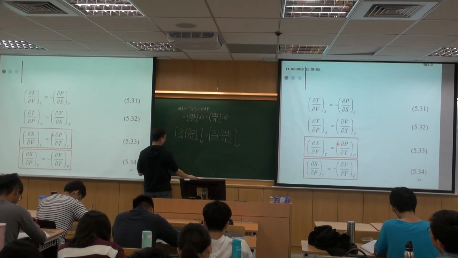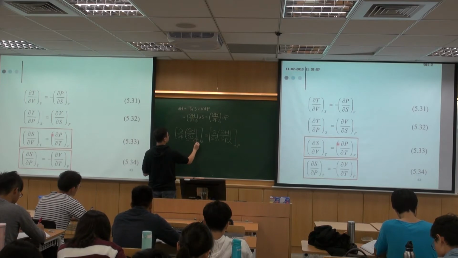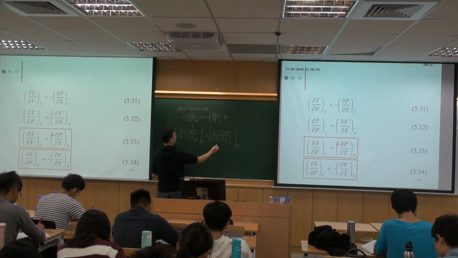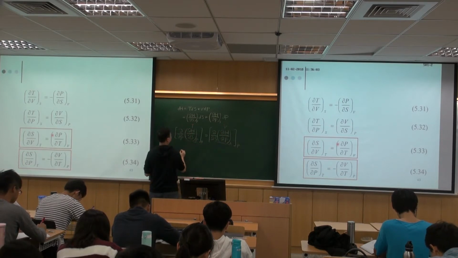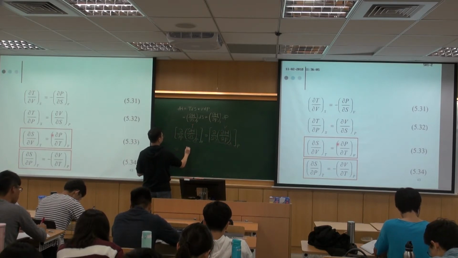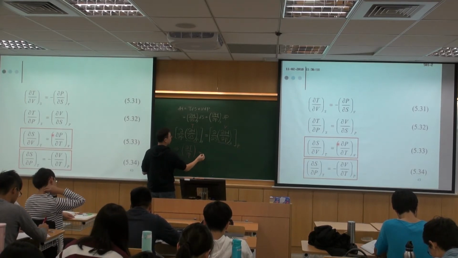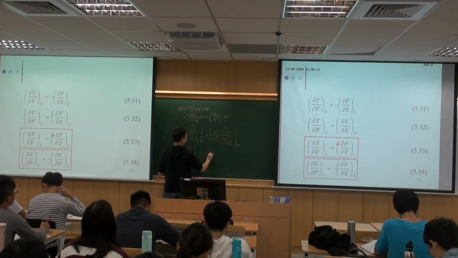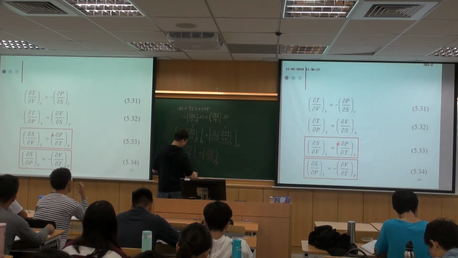And we already know that this is temperature, and this term over here is volume. Therefore, we have partial T, partial P at a fixed entropy is the same as partial V, partial S at fixed pressure.